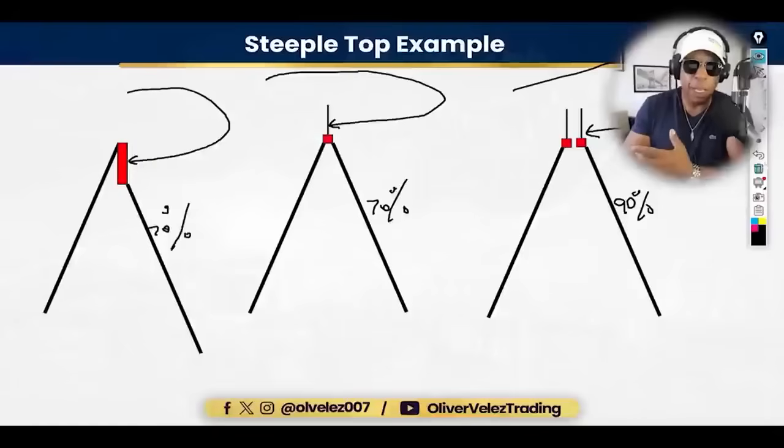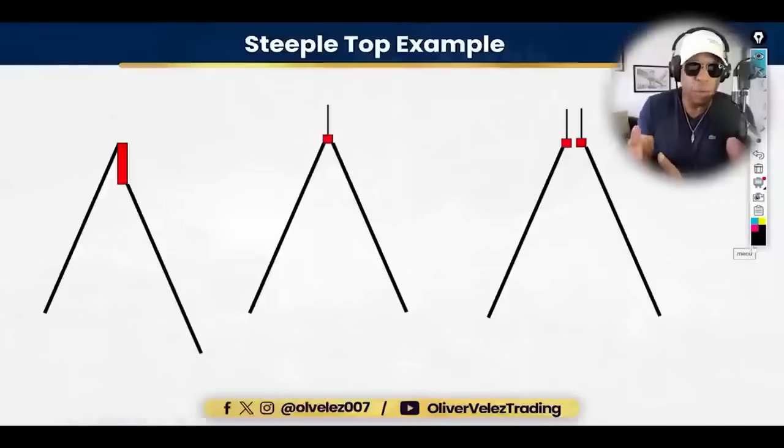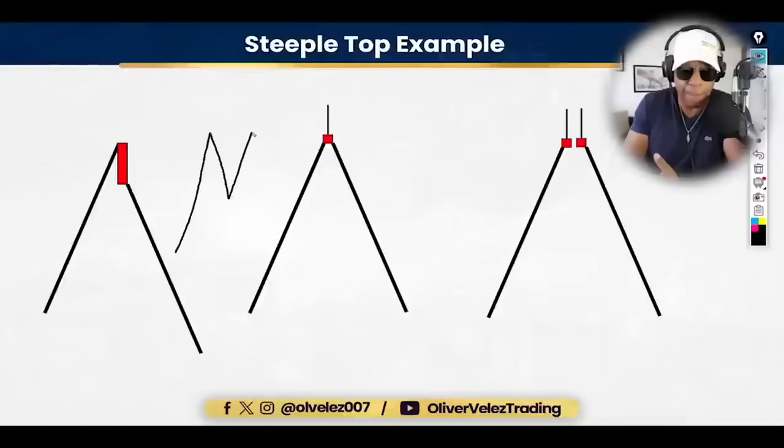Now, do I show you another one? No, I don't. So guys, I just show you one example of the steeple top. Remember, the same thing applies to all of your other tops. If you get the double top, you can have this elephant bar happen from the double one. That's how the double forms. Or the double can form with the left shoulder.